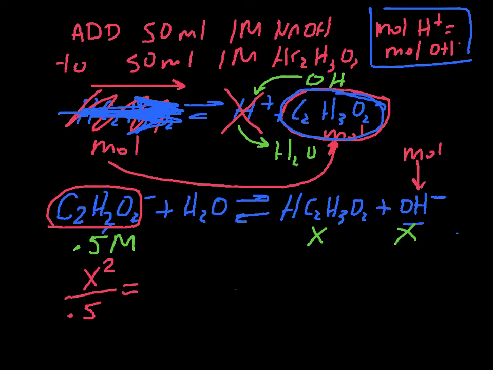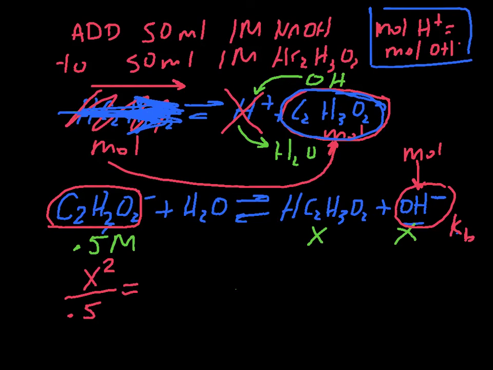Now I got to use, this is a base reaction because of the formation of the OH minus. So my Ka no longer works. I need to figure out what the Kb is for the conjugate base acting as a base.